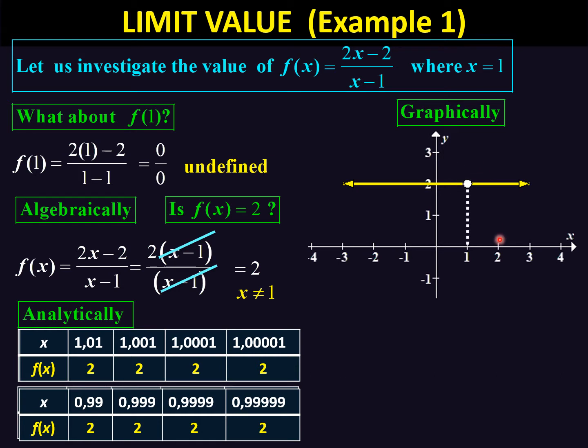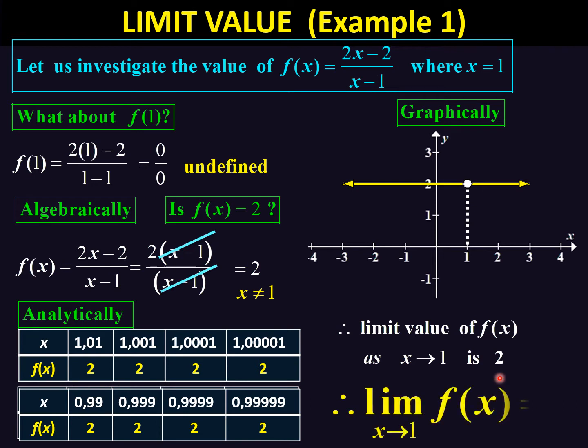So when x equal to 1, it's not defined, but to the right side of 1, it approaches 2, and to the left side of 1, it is 2 as well. So the limit value of this function f(x) as x approaches 1 is 2. You can write that in a much shorter way: the limit as x approaches 1 of f(x) is equal to 2.